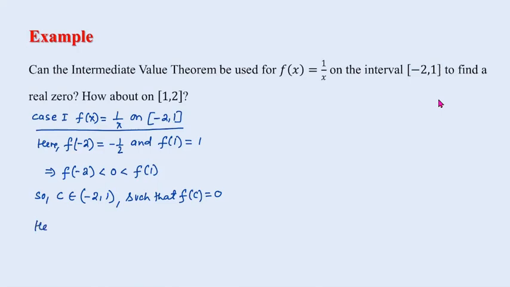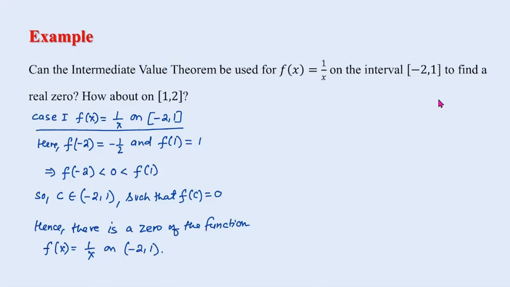So hence we can say there is a 0 of the function f of x equal to 1 over x on the interval from -2 up to 1.